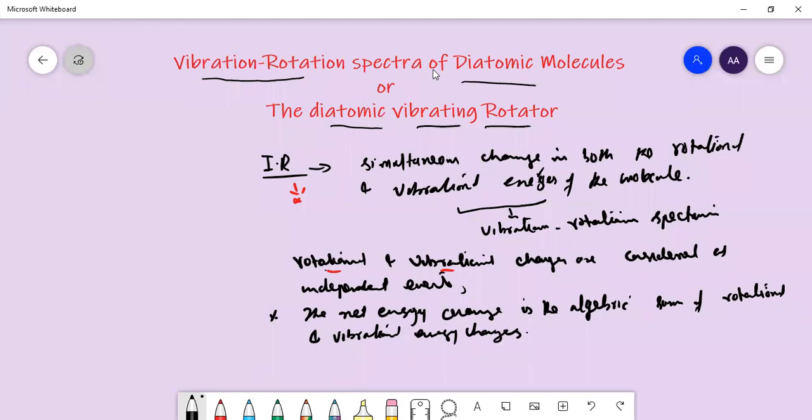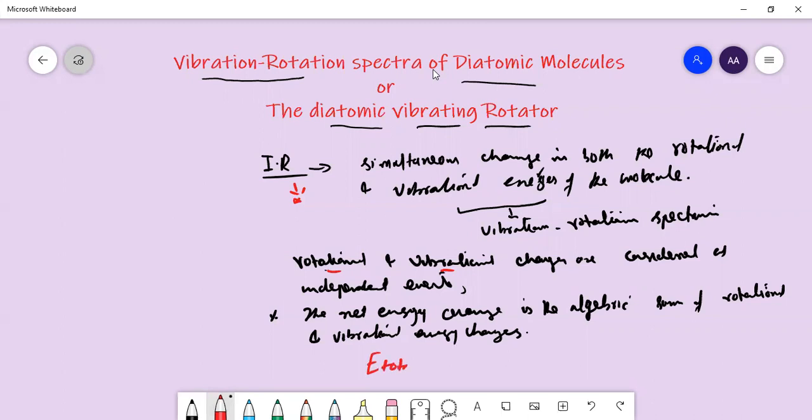So इसका मतलब क्या है कि आपकी molecule का जो total energy होगा, that will be equal to the change in the vibrational and the change in the rotational energy level. So I mean the total energy of this system will be equal to the sum of the rotational and vibrational energy changes. So I can write here E total.